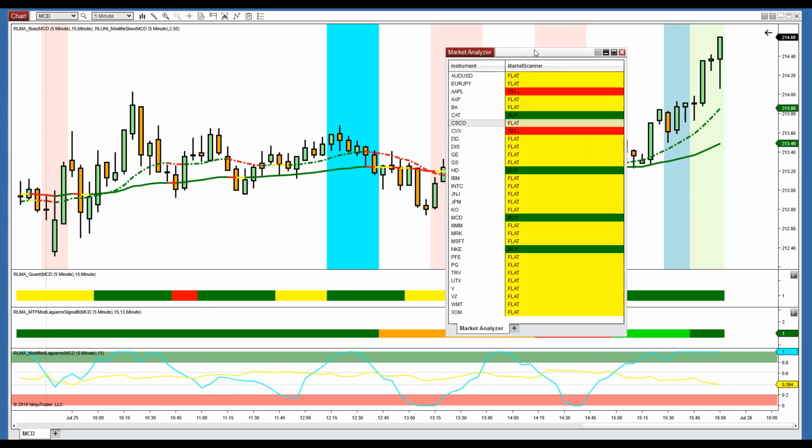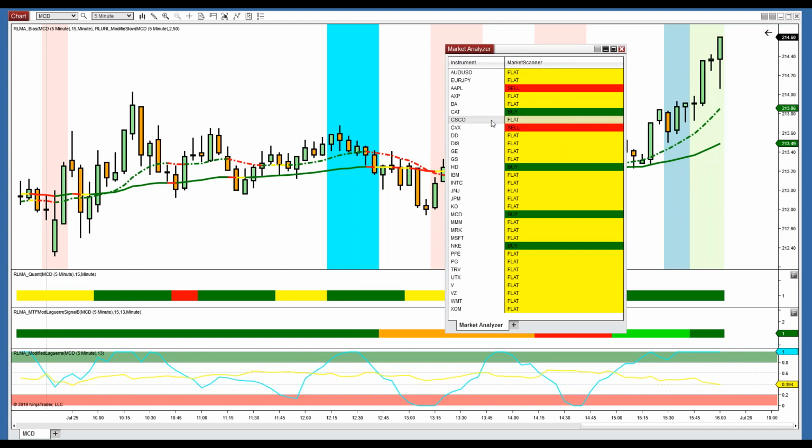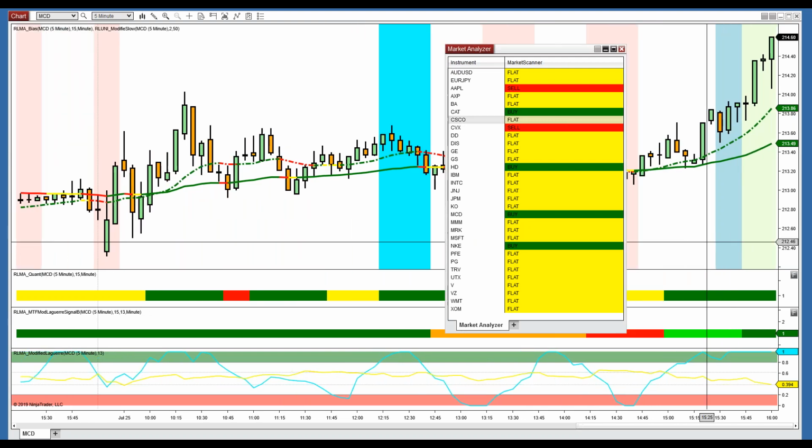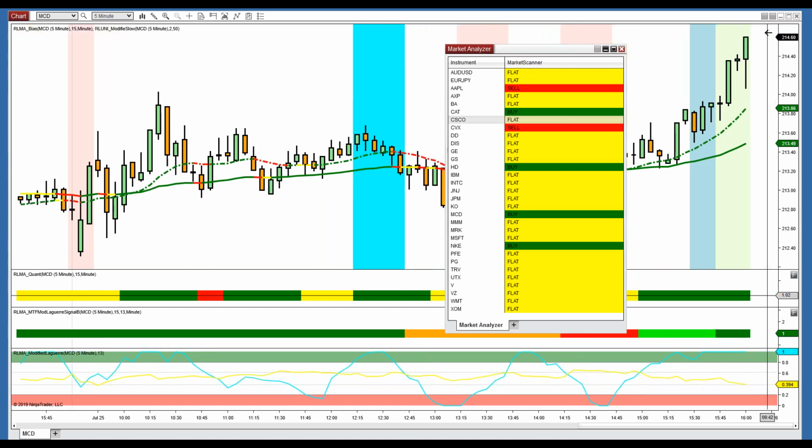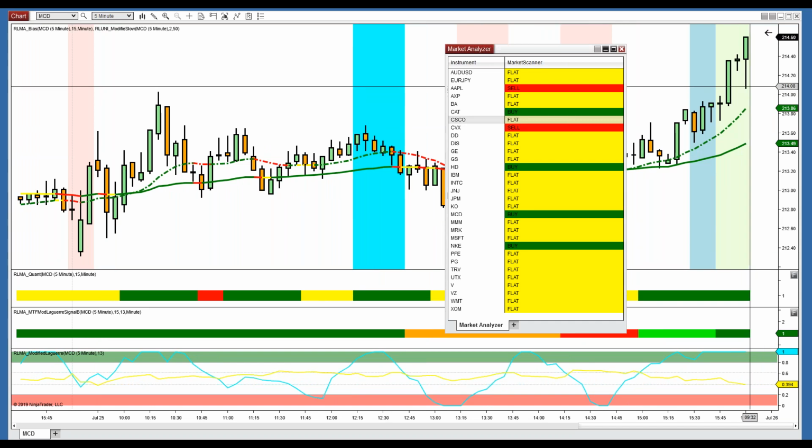And let's take a look at why McDonald's is flashing a buy. Now, if you look here, first of all, on the right edge, this is our quant line. And this shows all the correlative markets or ETFs or indices that move up when McDonald's moves up.